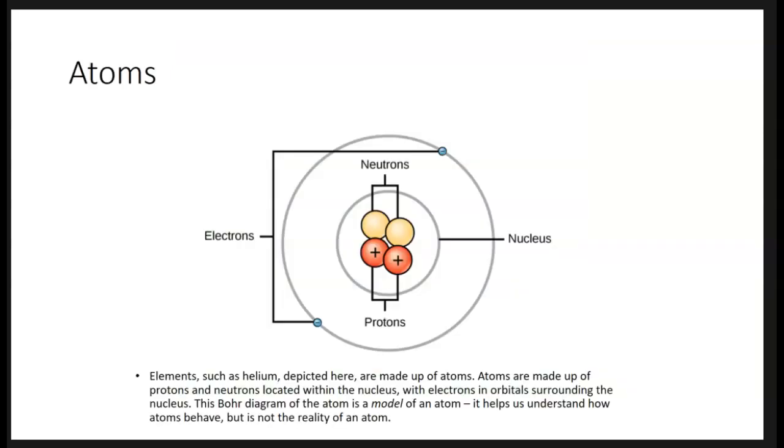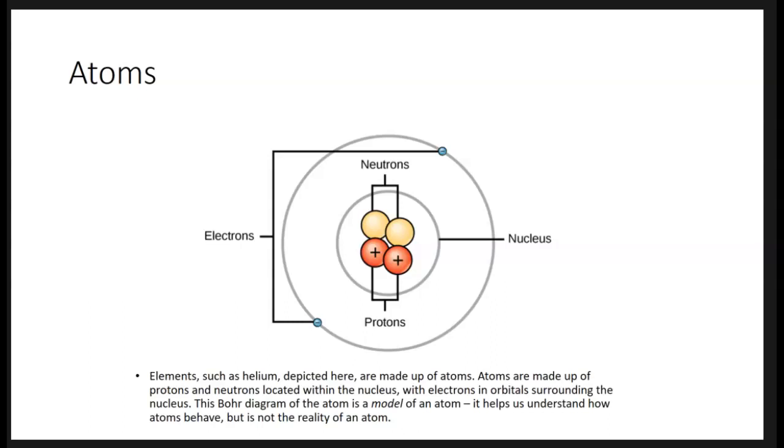This is one model that we have for atoms. So this is not an entirely accurate representation of what an atom is like. This is a Bohr model of an atom. But the Bohr model is a useful way to understand many of the important properties of atoms.